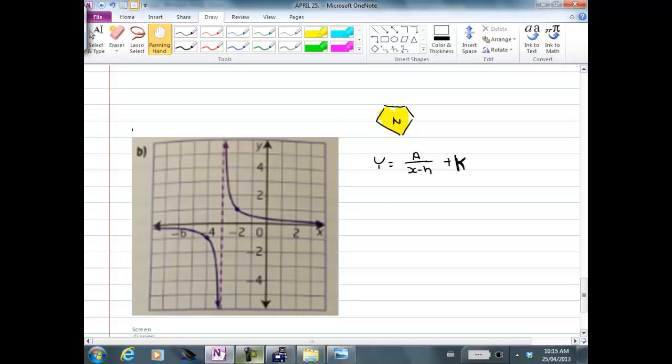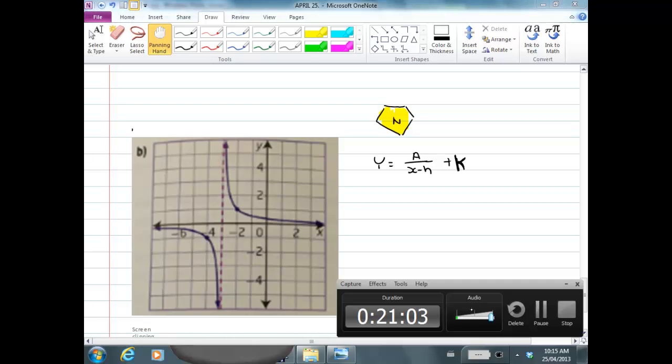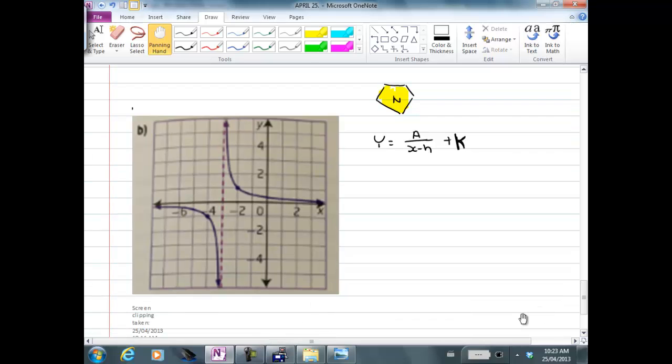If you're lost on this, let me show you how this is done. Now, first of all, notice one thing. Let's write down your vertical asymptote. My VA is right here. That is x equals to -3. Now, when I work forward, this part right here represents your vertical asymptotes.